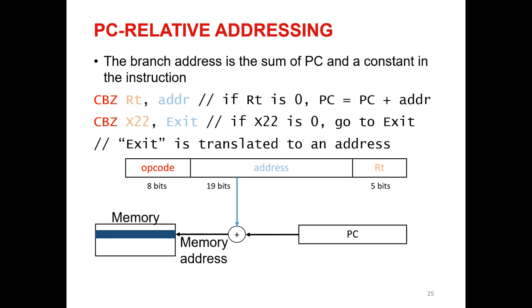This is usually used for going to an address which is indicated in a label. Remember that we put here a label. This is just for the programmer, to make it simple. But what actually happens is that the assembler is going to convert this to a memory address. So this is just for us, the programmers. It's easier for us to use labels instead of addresses. But internally, this label will be converted to an address and will be added to the value of the program counter, and then it will go to that address in the memory. Okay.